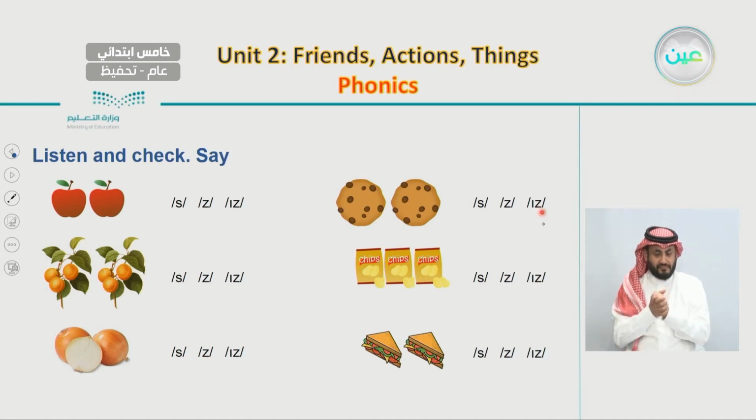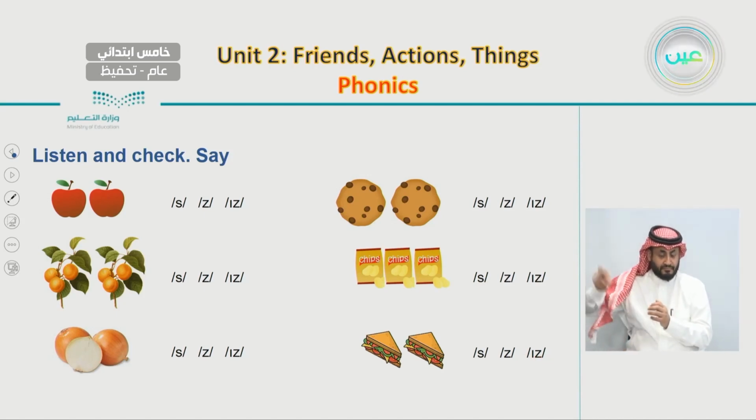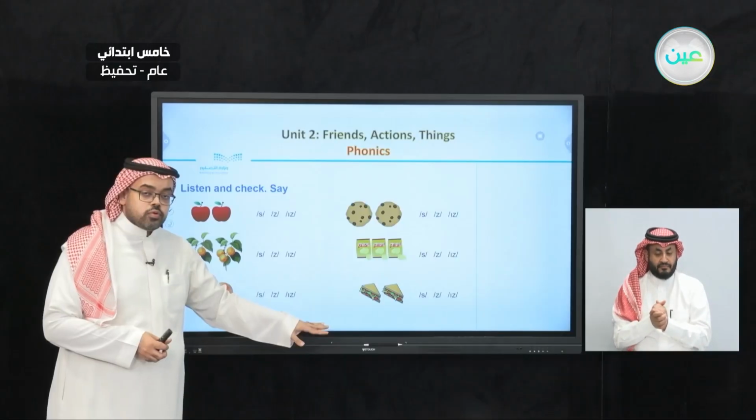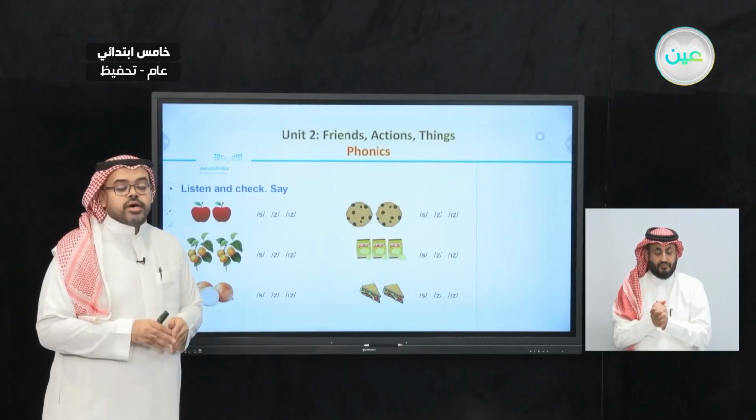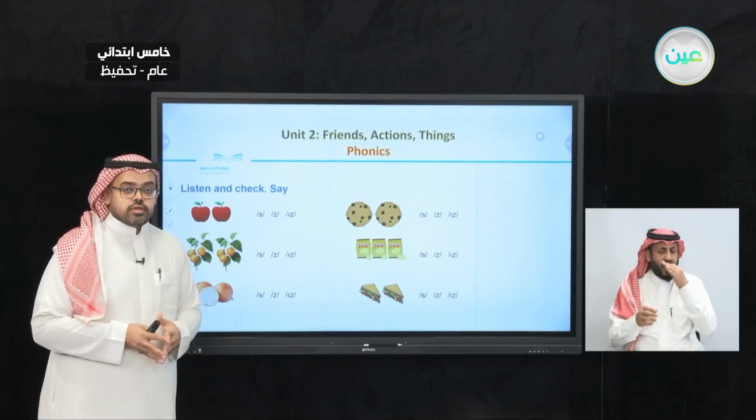Say iz, cookies. Chips, chips. Say s, chips. Sandwiches, sandwiches. Say iz, sandwiches. You see, these are different types of food, all ending with an s, but each one of them is pronounced differently.